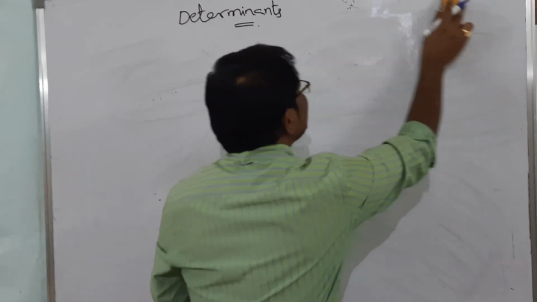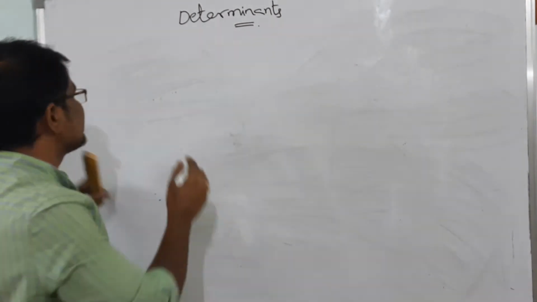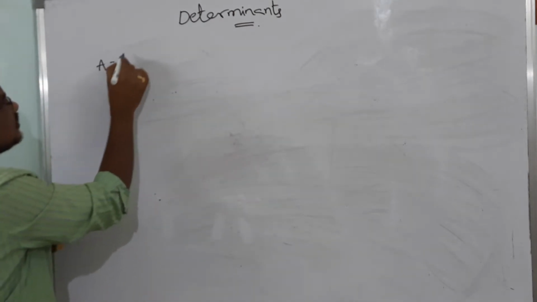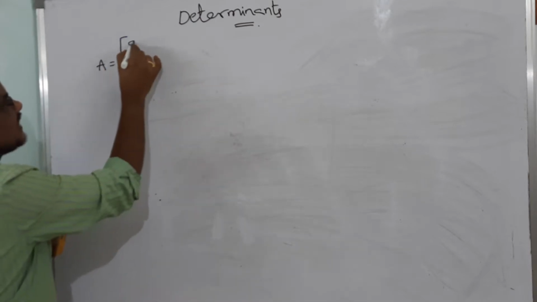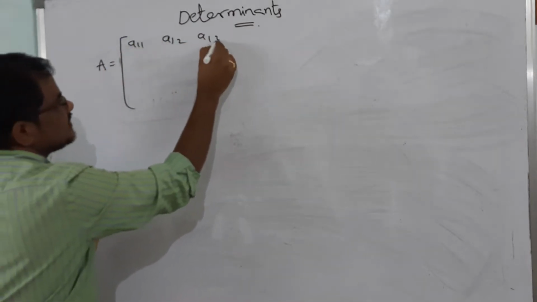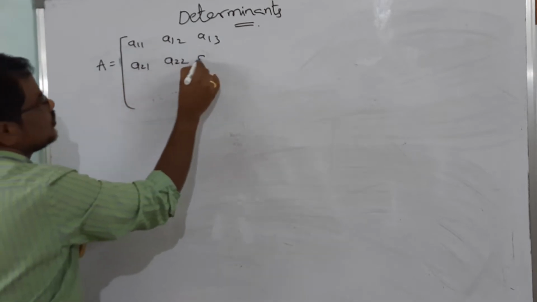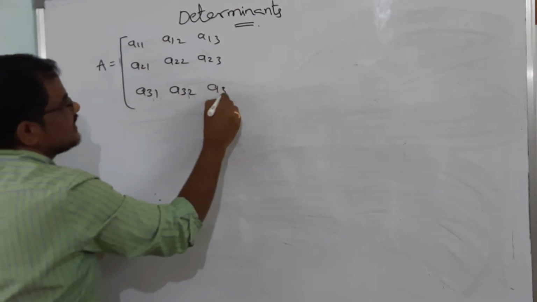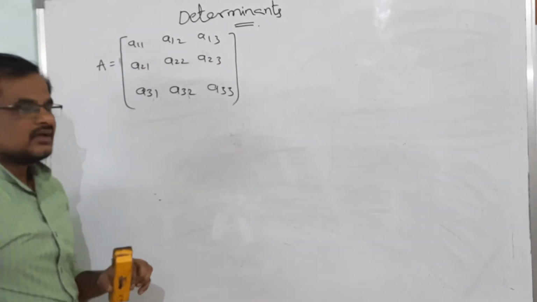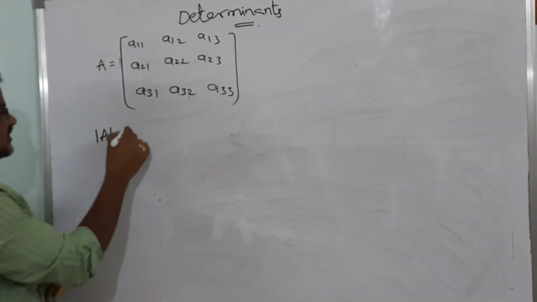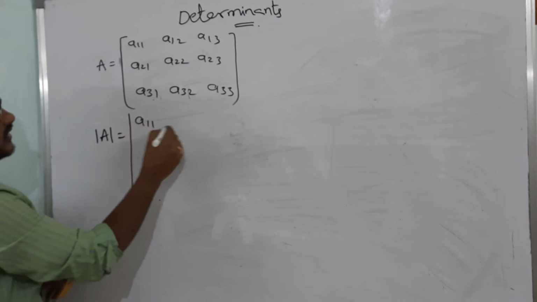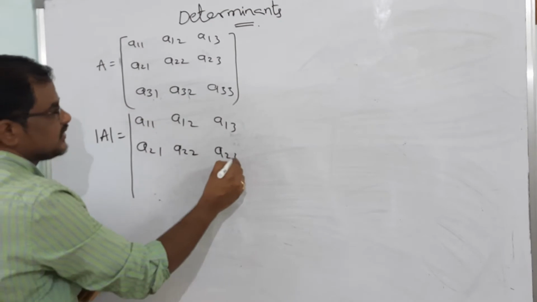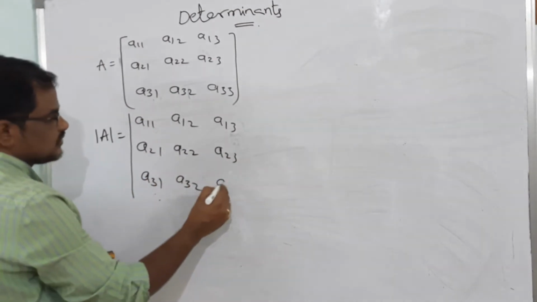suppose you take a determinant of order 3, a square matrix of order 3. How do we take the determinant of that? Suppose A equals A11, A12, A13, A21, A22, A23, next A31, A32 and A33. The determinant of A is denoted like this, A11, A12, A13, next A21, A22, A23, A31, A32, A33.